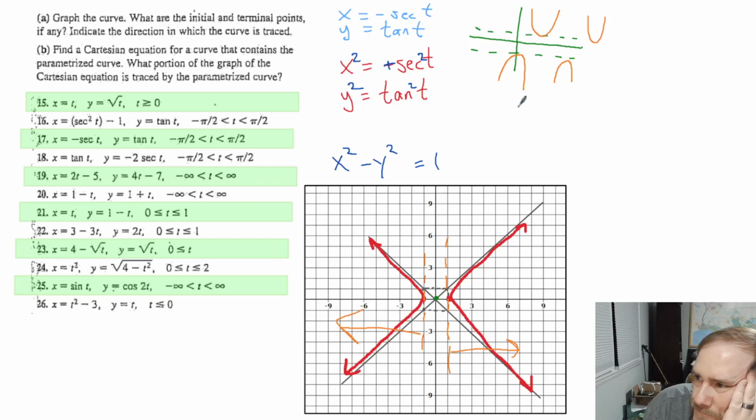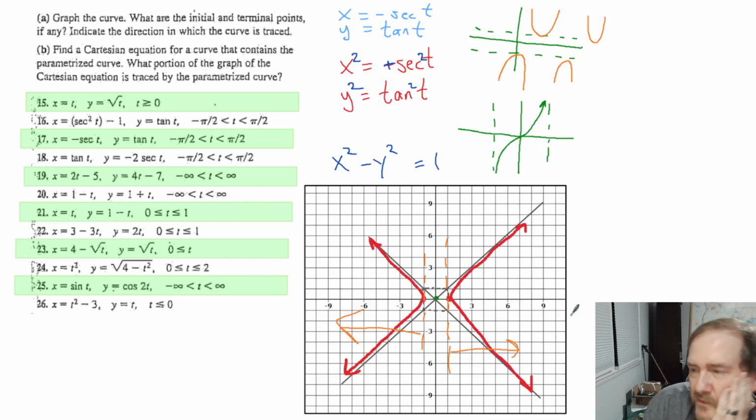And for tan, same old tan. Tan maps onto all real numbers, and I do see that each branch here maps onto all real numbers. So I don't have to artificially slice away any part of this graph unless these intervals matter, which they don't, or do they?